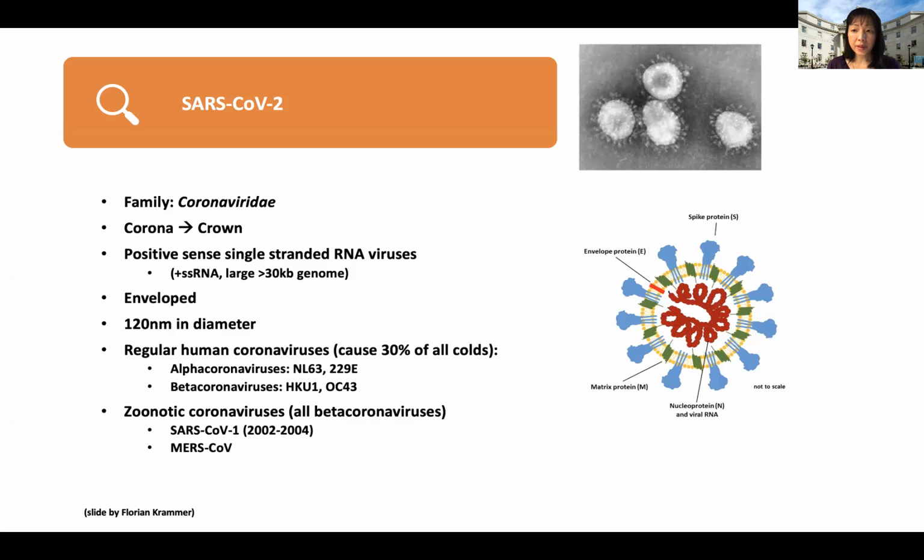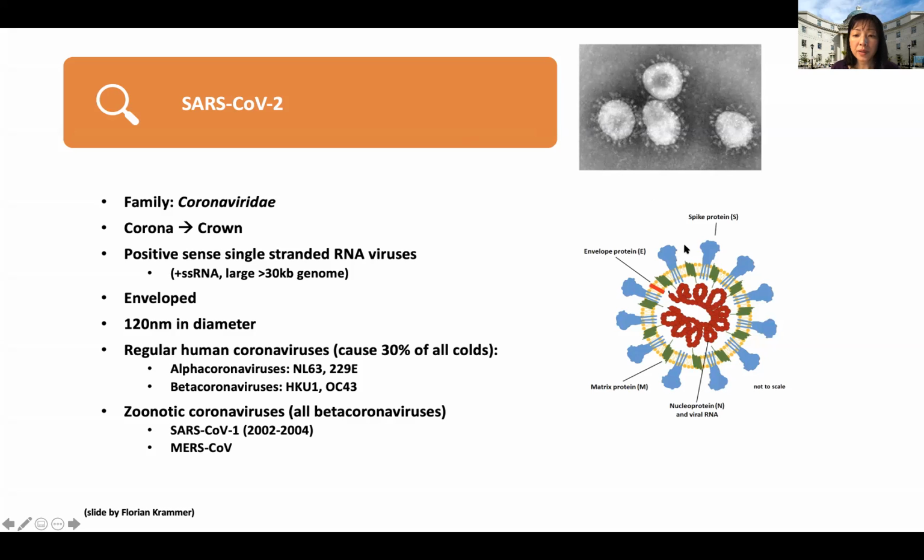So before I go into the human data, I'd like to just briefly discuss the virus that causes COVID-19, SARS-CoV-2. SARS-CoV-2 is a member of the coronavirus family, and the corona really depicts the fact that there is a crown-like structure that you can find on the surface of the virus.